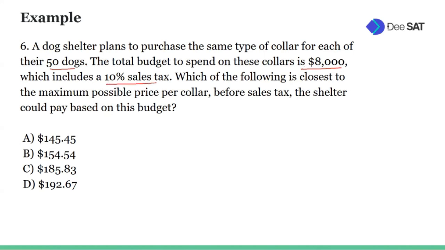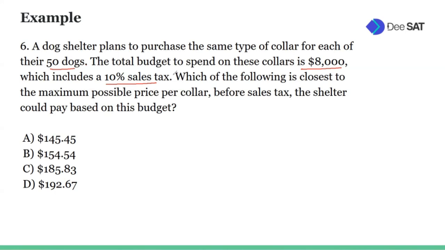So whenever we have sales tax, that is being included inside of it, and it's an extra expense. So which of the following is closest to the maximum possible price per collar before sales tax the shelter could pay based on their budget?